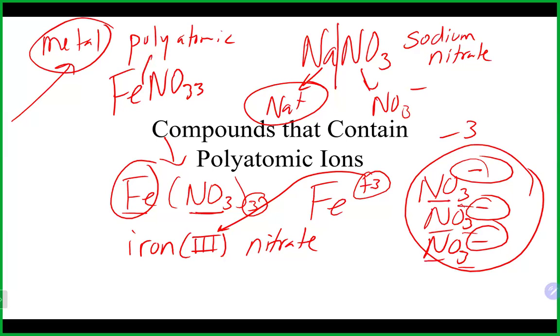So whenever you have more than 1 polyatomic ion, you do need to put parentheses around the polyatomic ion and put to the bottom right how many of those units you basically have. So that's another thing to watch out for when you're writing formulas for things that contain polyatomic ions. Question on that there.